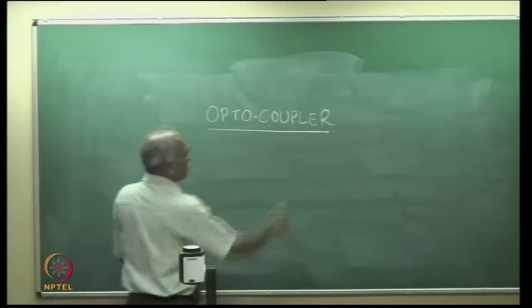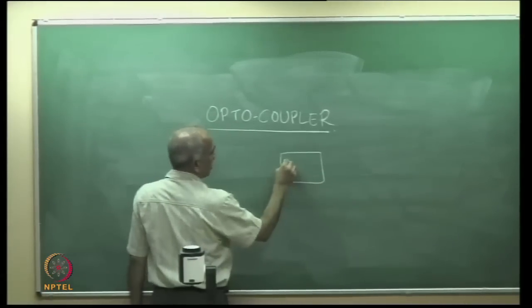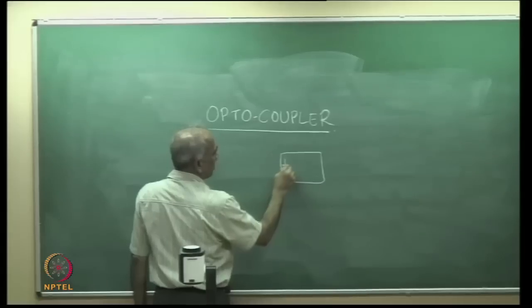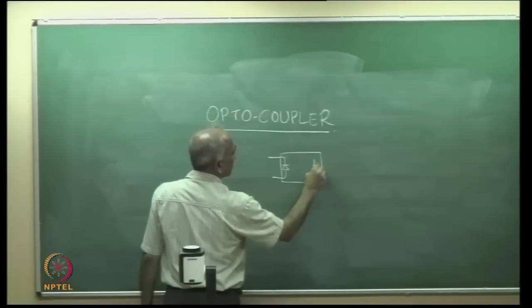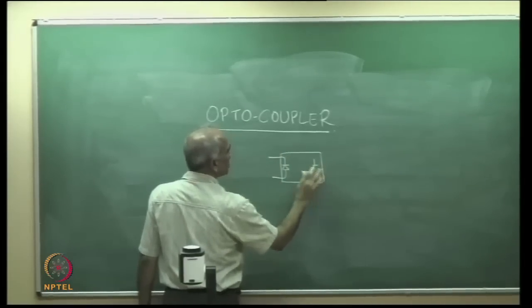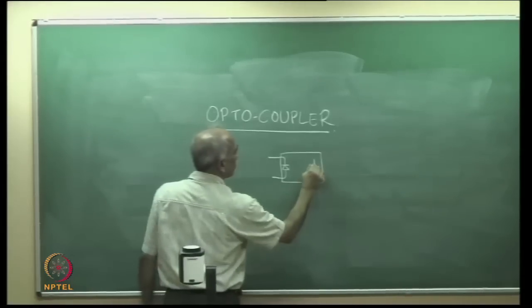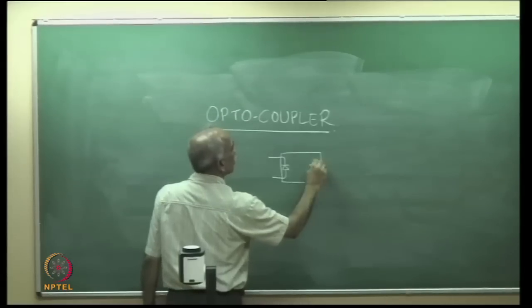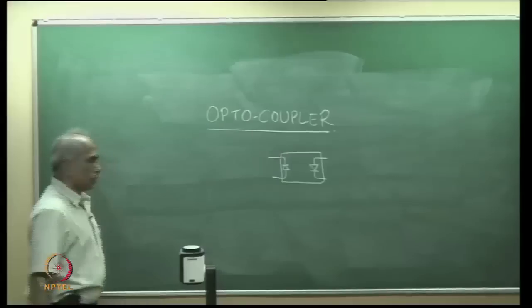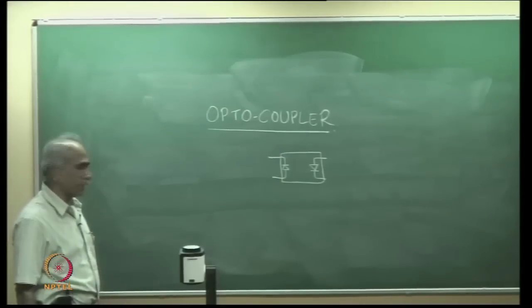Basically, it is a device which had a photodetector here and an LED at the other end. It's a small device which comprised of a photodetector and a light emitting diode.